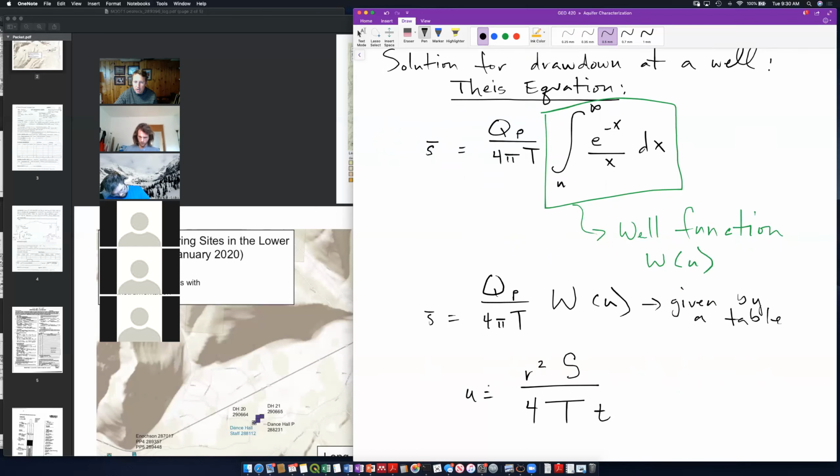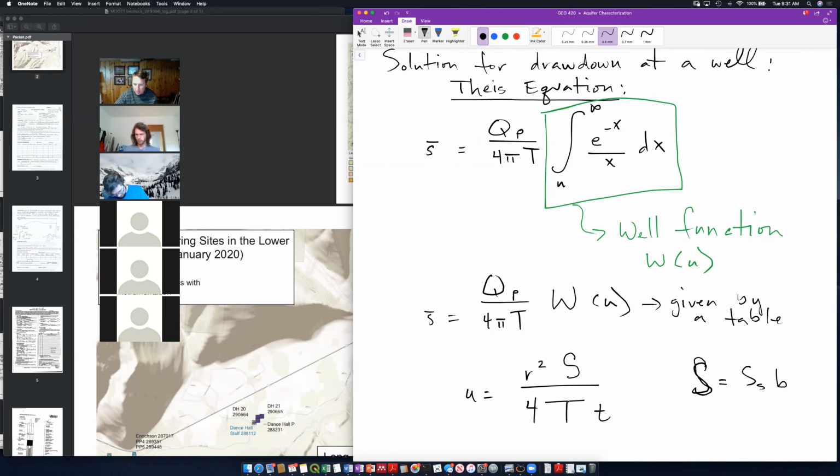All right, so in general, to calculate the drawdown at a well, we first need to calculate u, so we need the radial distance of the observation well from my pumping well. I need the storativity of my aquifer. So for an unconfined aquifer, that is S_s times b.